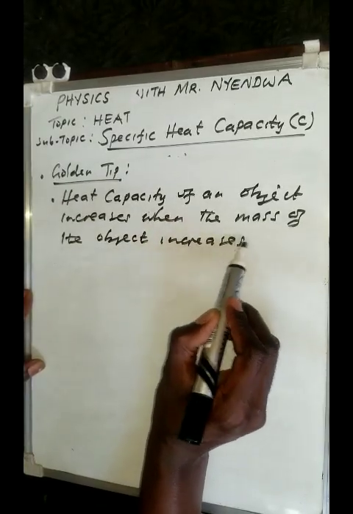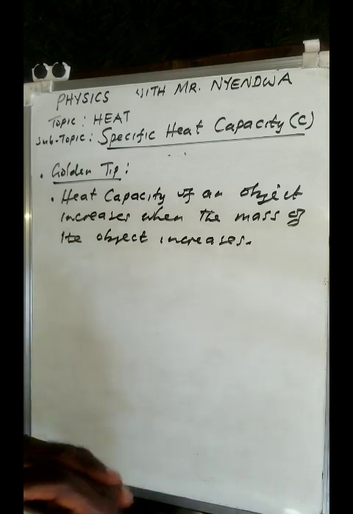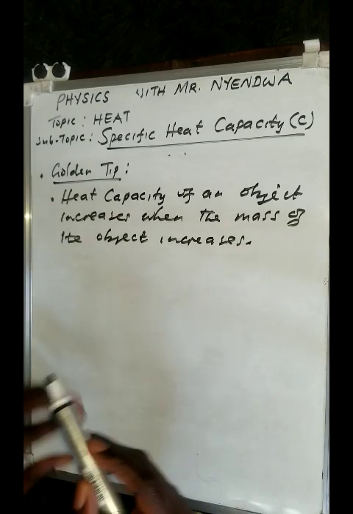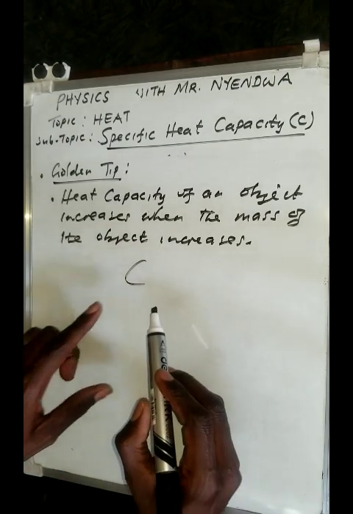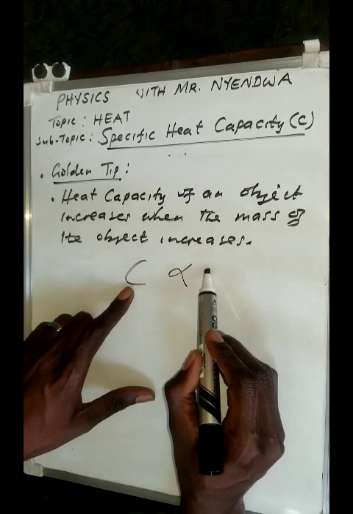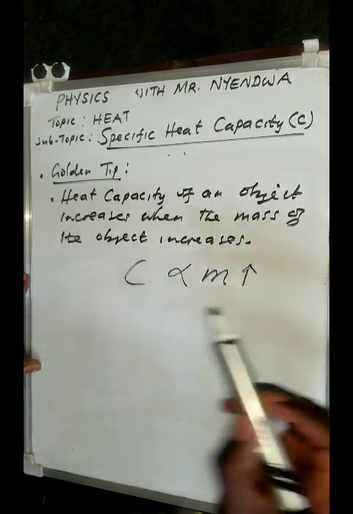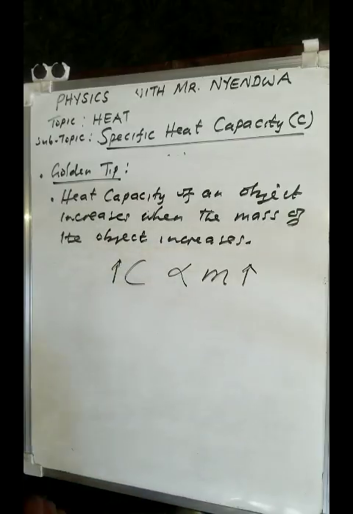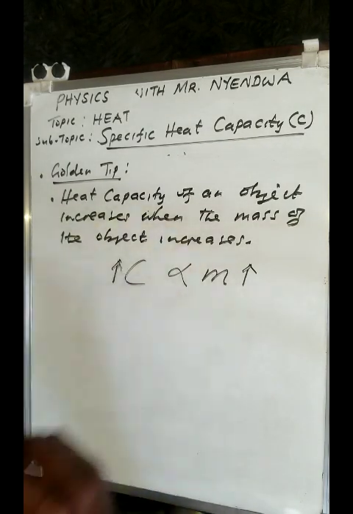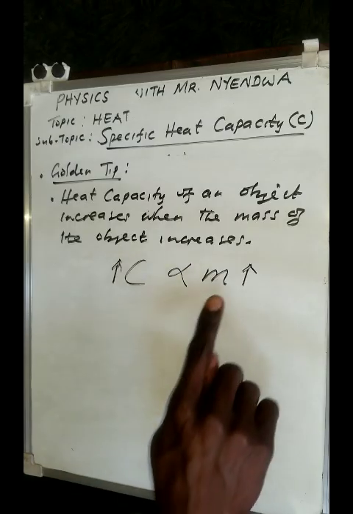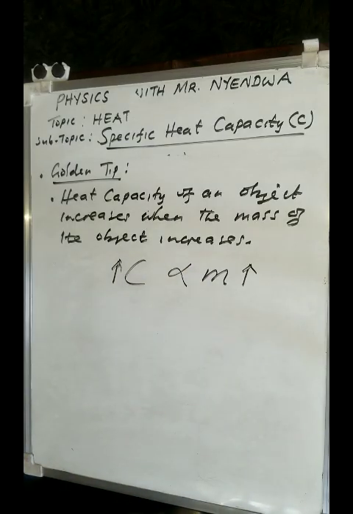So when the mass of the object increases, it simply means that the heat capacity also increases. It's like heat capacity is directly proportional to the mass. That's what we mean. So increasing the mass increases what we are calling the heat capacity. So even if you increase the heat capacity, it simply means it has a bigger mass.